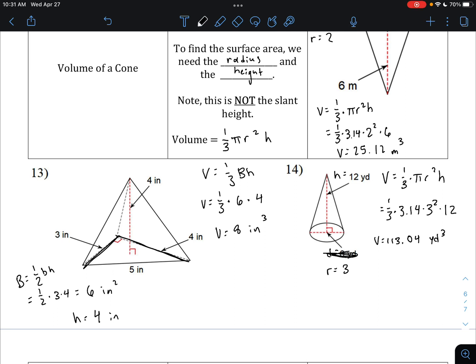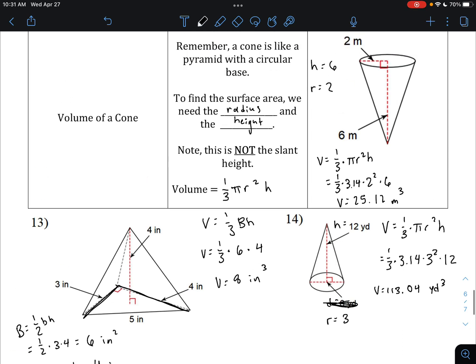If we use the pi button, we get about 113.10. But remember, use 3.14 on IXL.